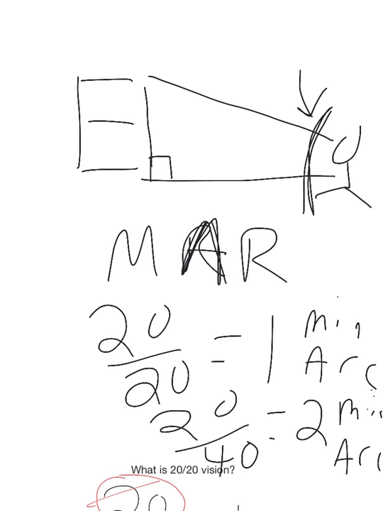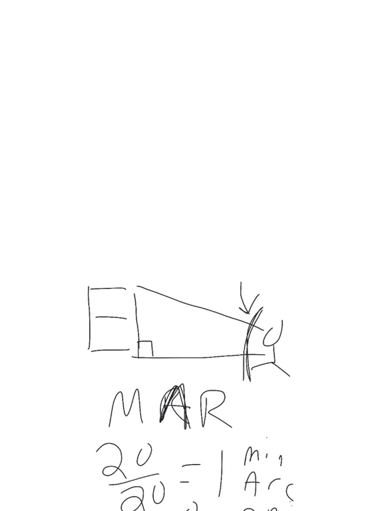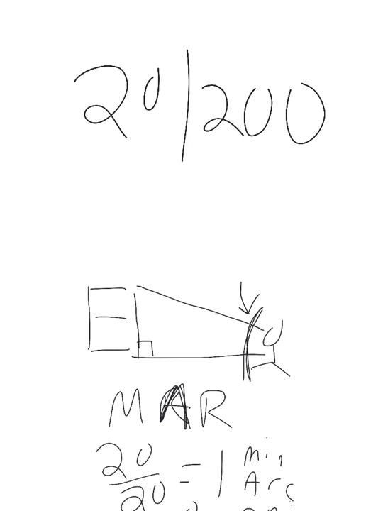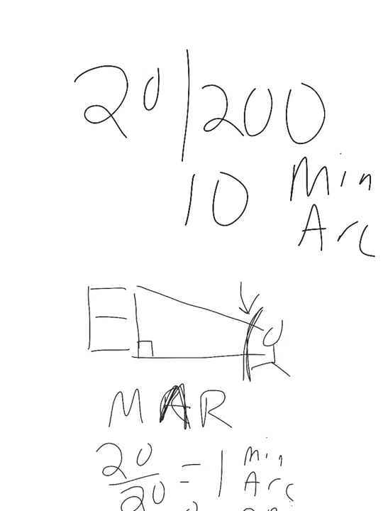So, for example, if your vision was only 20/200, your minimum angle of resolution would be 10. So that's a very large minimum angle of resolution. A person who sees 20 over 200 has a vision that's 10 times worse than a person that sees 20 over 20. Hopefully this video helps you, and that's it.